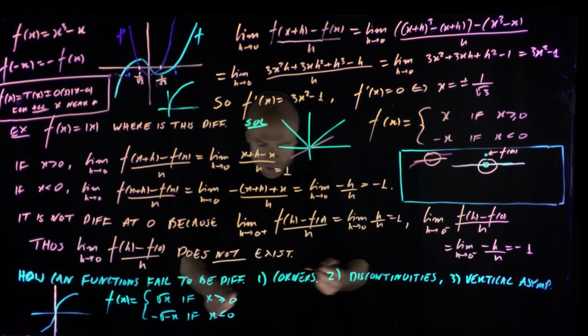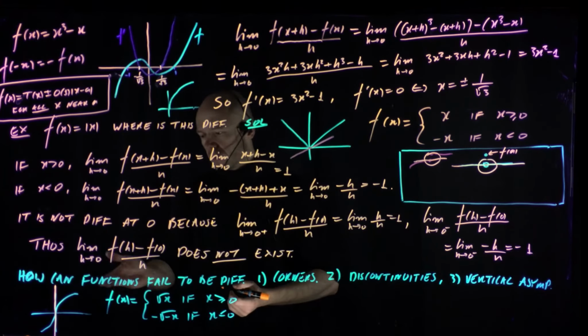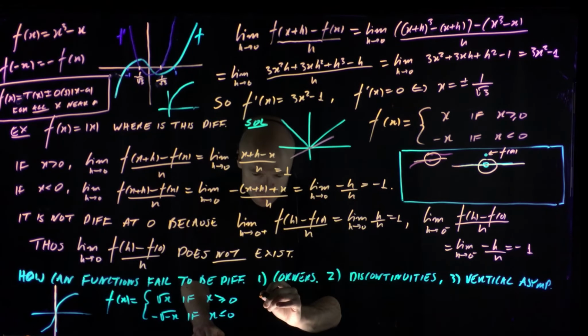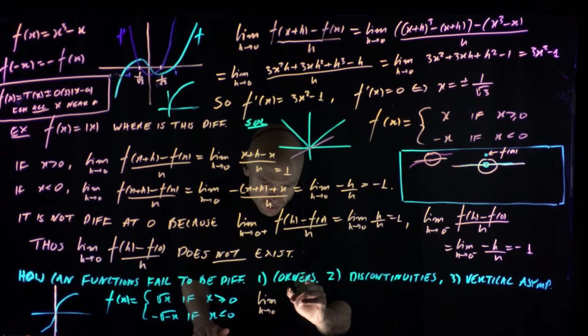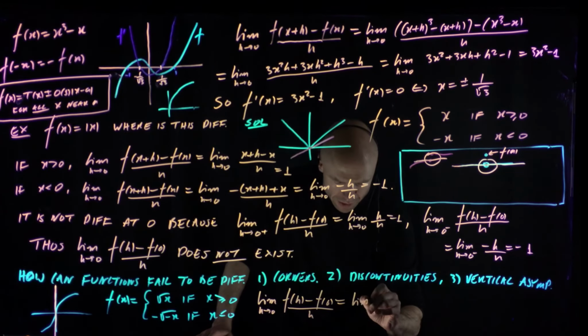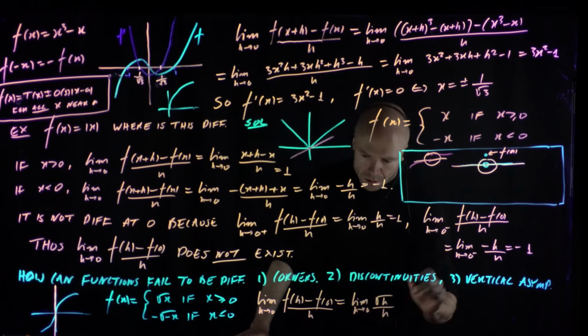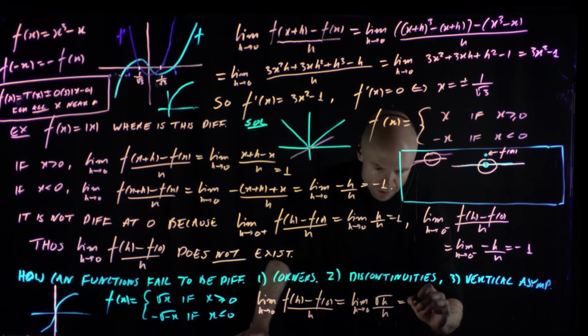If we even just try and take the derivative and see what happens. If we do the limit as h goes to 0 of f of h minus f of 0 over h, then that's the limit as h goes to 0 of square root of h over h, right? And what's that?